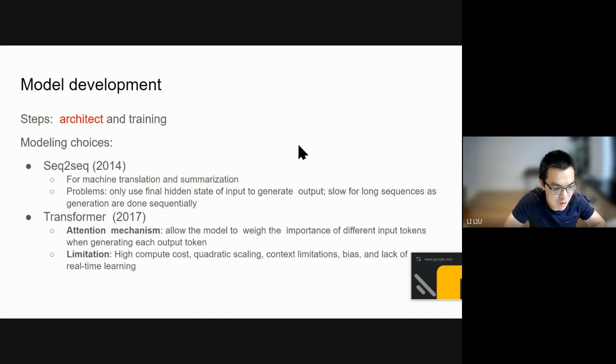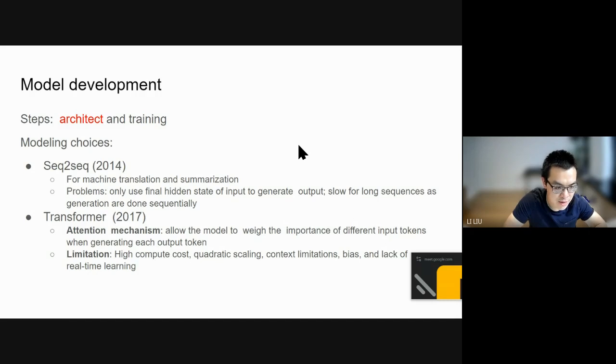But to better understand why the transformer model takes over, we also need to understand the pre-transformer time. The sequence-to-sequence model was dominant for a lot of tasks, especially in machine translation and summarization. At that time, Google used sequence-to-sequence to improve their Google Translation system.